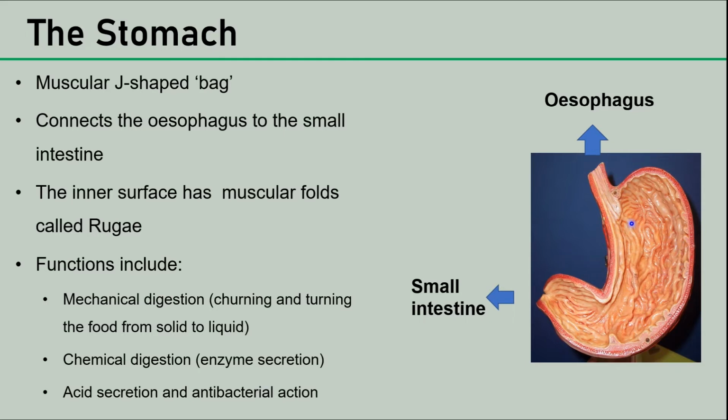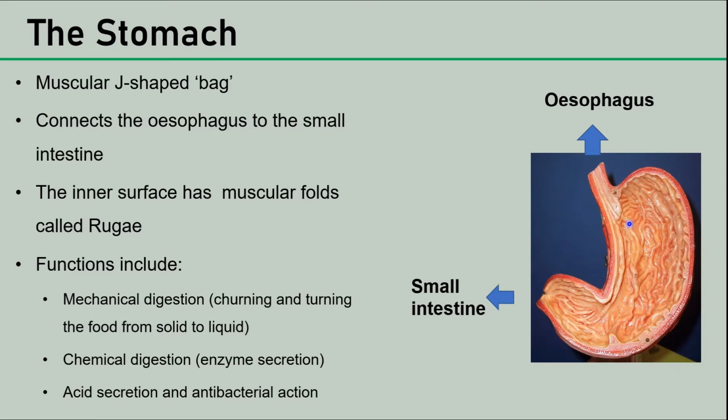It is bashed about and thrown about mechanically, so this is through a series of contractions that physically break the bolus into a liquid. So it churns the bolus up, moving it from a solid to a liquid.